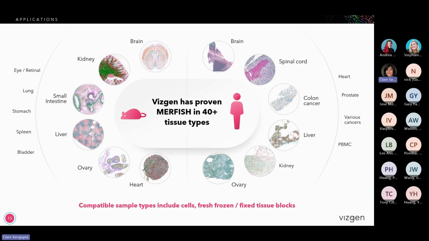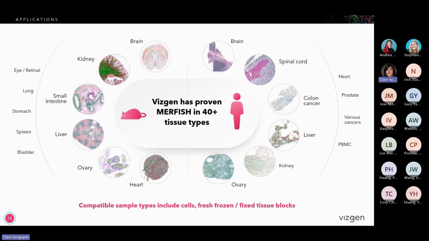So you can see the list of different tissue we have here in both mouse and human: brain, spinal cord, intestine, liver, ovary, heart. Some of these are traditionally pretty challenging tissue types for histology, but using the knowledge we have generated with our users and internally, we're able to support protocols for preparing this kind of tissue across the board.